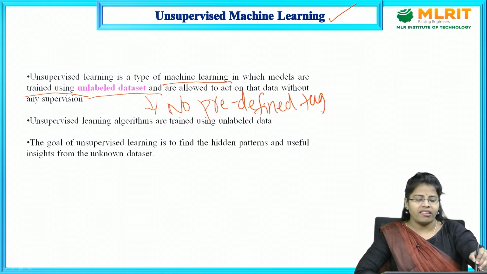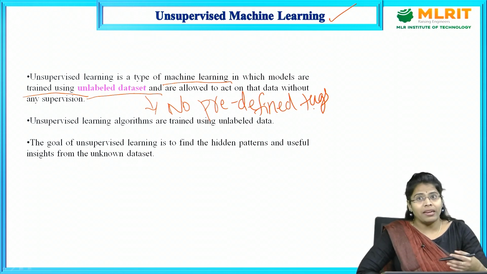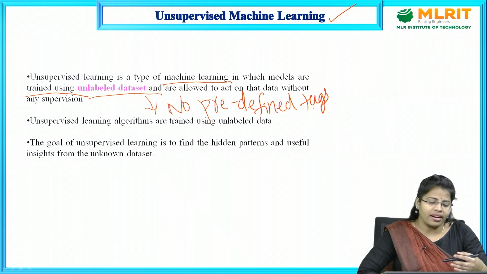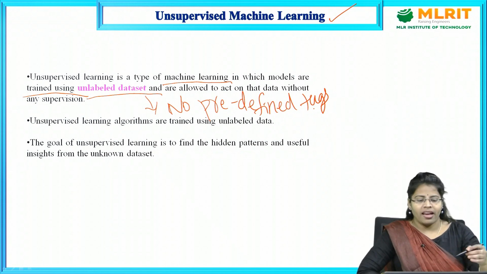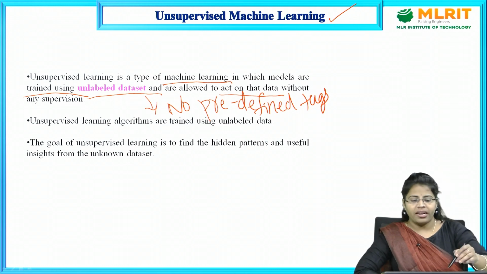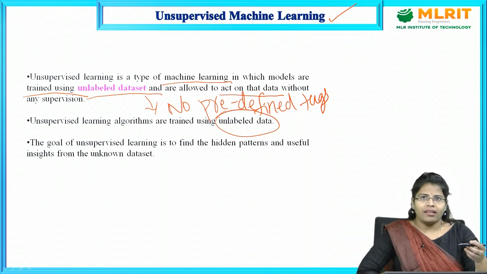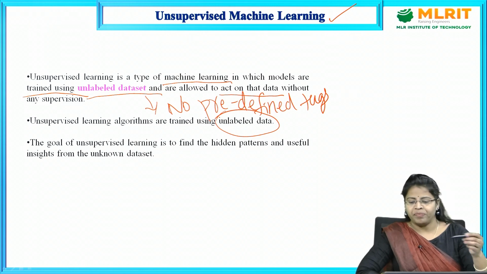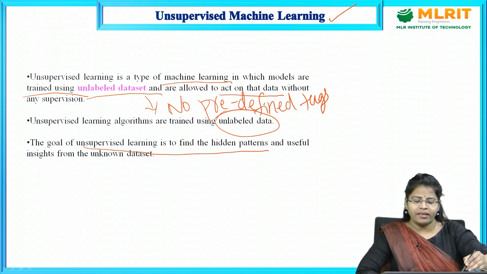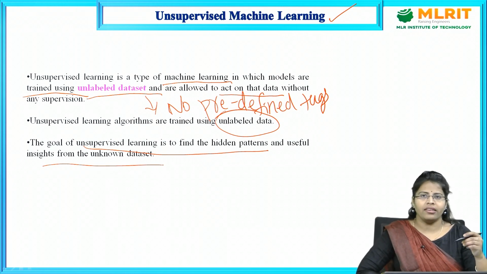Whereas supervised learning, as I already told you, has predefined tags, an unlabeled data set does not contain predefined tags and is allowed to act on the data without any supervision. Unsupervised machine learning works only on unlabeled data sets and finds hidden patterns and useful insights from the unknown data set.